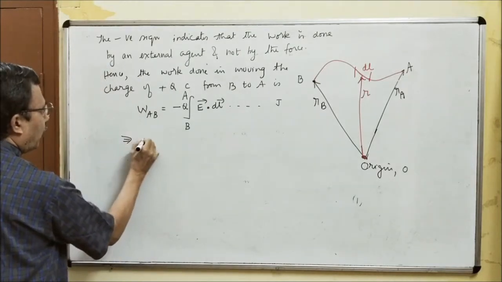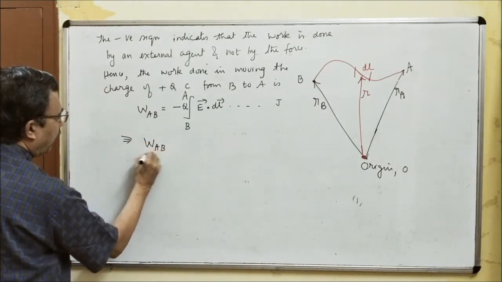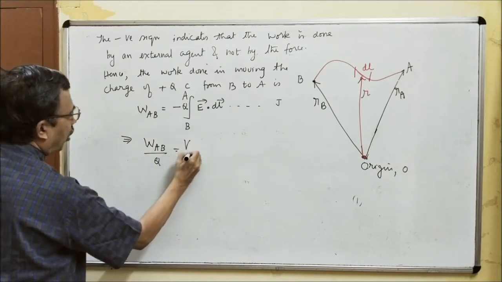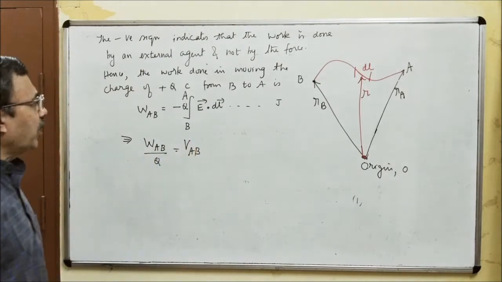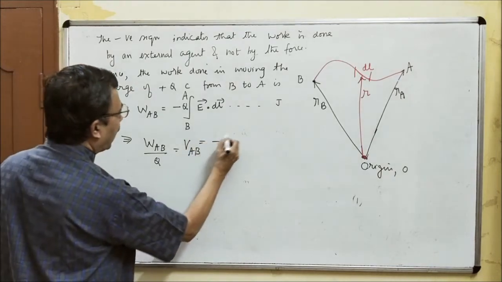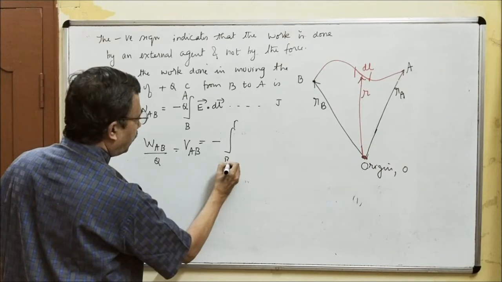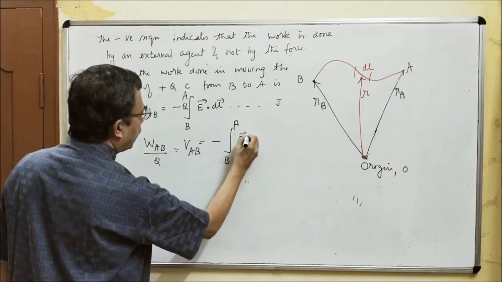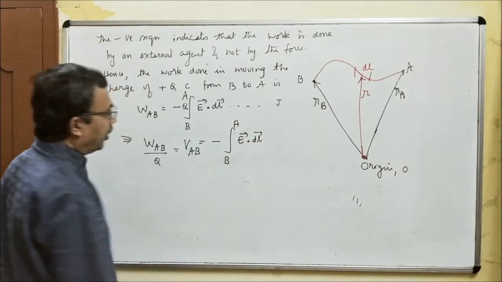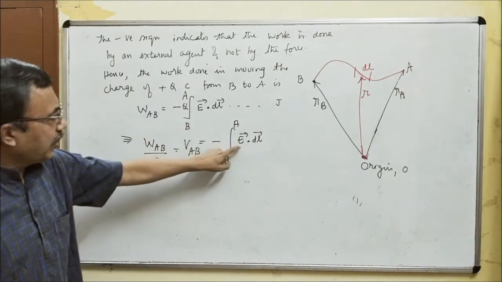WAB divided by Q is called the potential difference between the points A and B, equal to minus integration from B to A of E dot dl. This is a line integral from B to A of vector E dot dl.